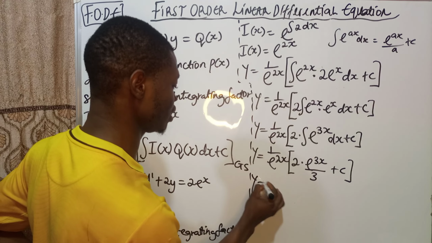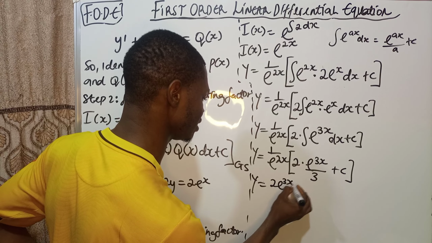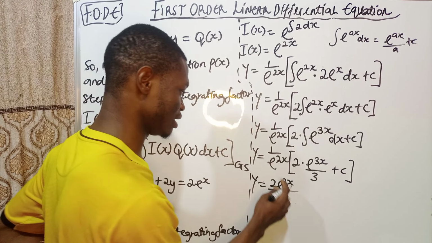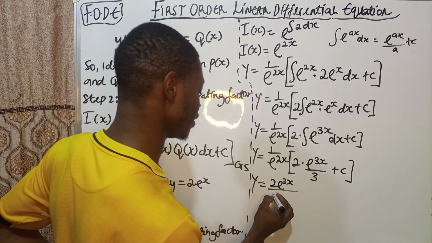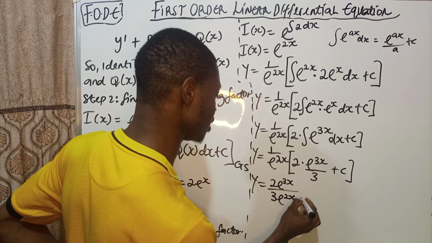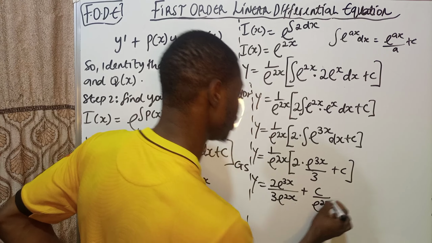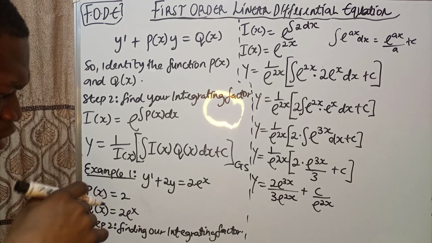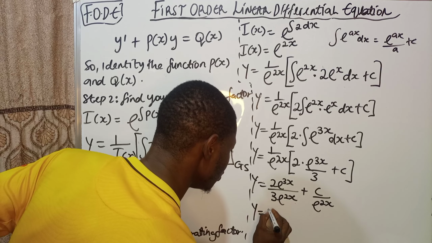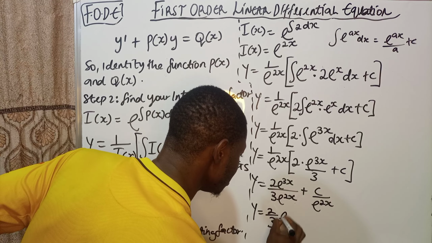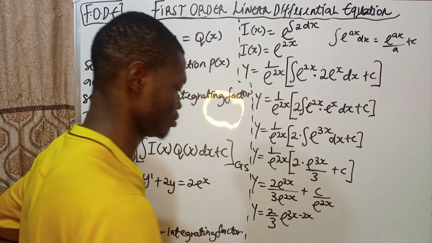So this will give us y is equal to, if you multiply the bracket, 2 e raised to the power of 3x all over 3 e raised to the power of 2x, plus c all over e raised to the power of 2x. Now, what can you do again? Okay, y is equal to 2 over 3 e raised to the power of 3x minus 2x, right?